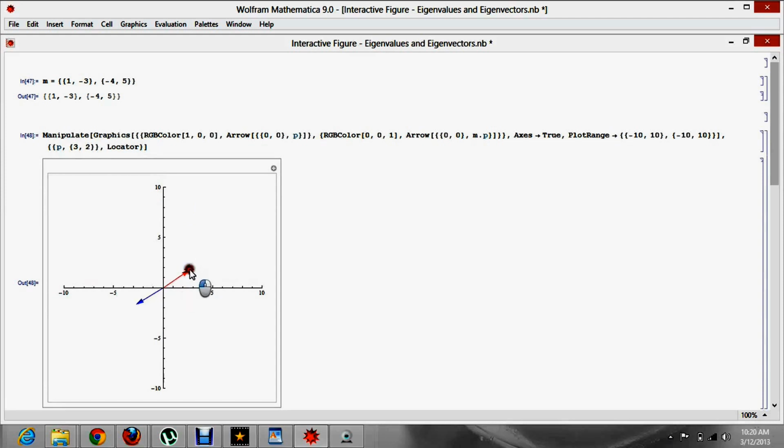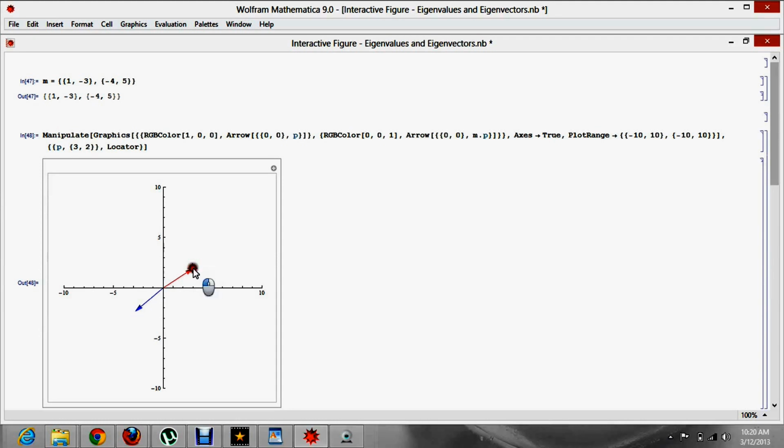Remember, our red is our input vector and blue is the output. And we want to ask the same question. Do there appear to be any directions which I can input for which the output is a multiple of the input? And already, where it started, it certainly looked like there was one, right? Now a multiple, remember, can be a multiple in the opposite direction as well.